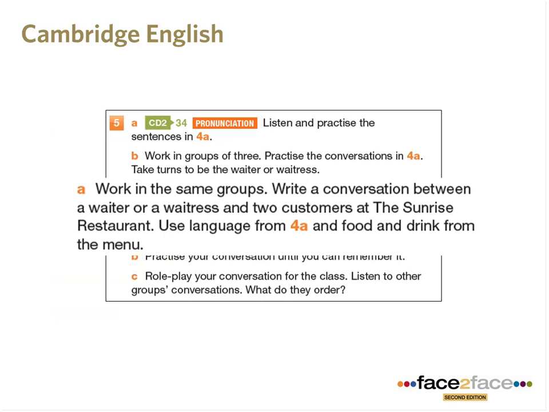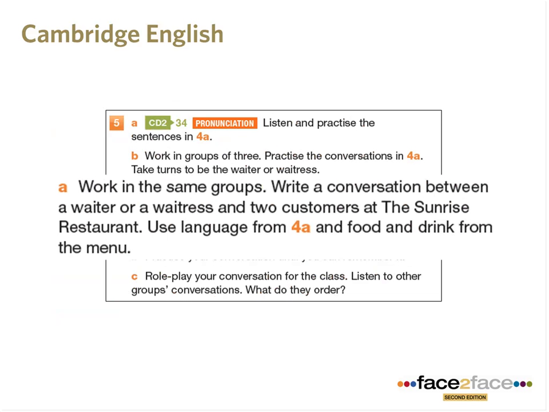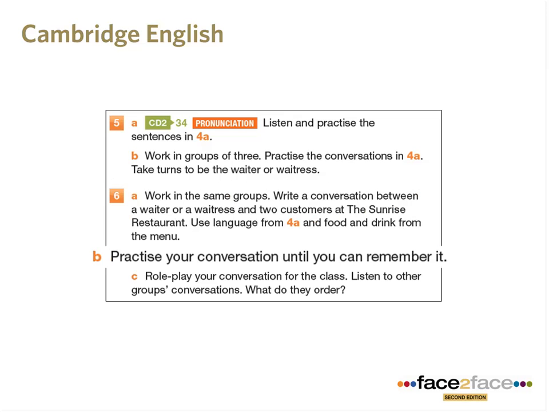Then for freer practice, we ask them to work in the same groups and write a conversation in a restaurant with 2 customers. And again, we ask them to use the language we've just focused on and food and drink from the menu. So not only do we ask them to write it, we ask them to practice it until they remember it. So they take a role each, practice until they can do it without looking.